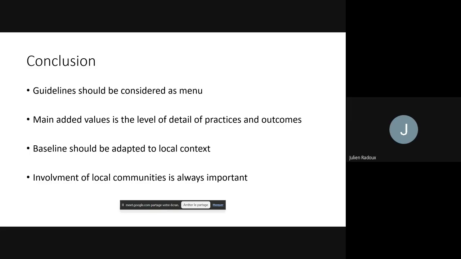And I think it's necessary for having a good granularity of the evaluation of biodiversity uplift to have those levels of detail. The baseline should be adapted to local context. I don't think that there is one value for payment for ecosystem services, or for when you start rewarding the people, that is one base value that should be used everywhere.